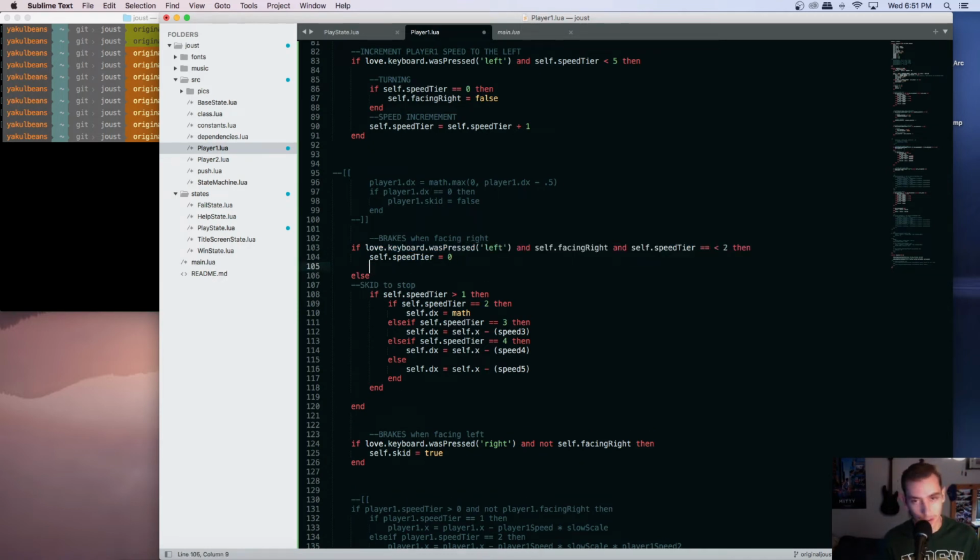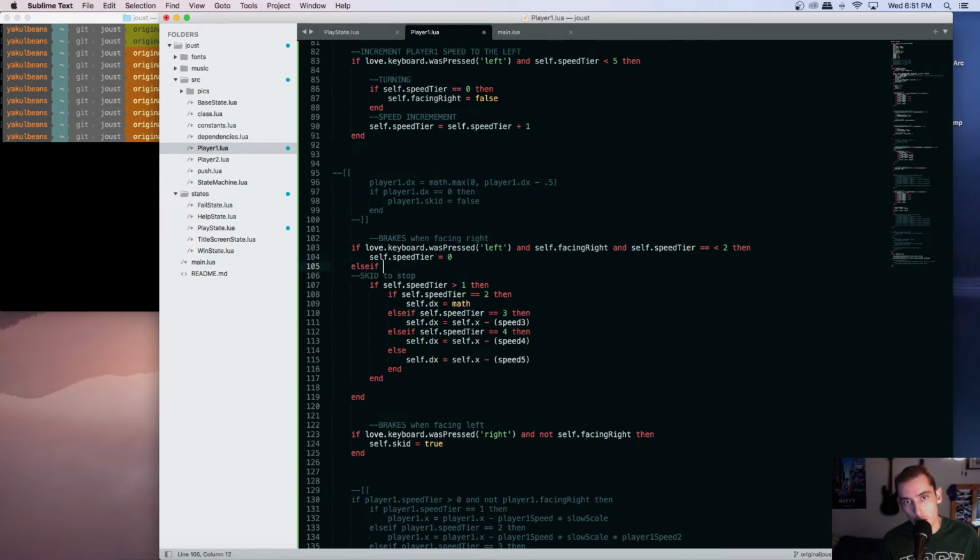I'm going to say else if left is pressed and it was facing right. And oh, here, yeah, this is wrong. Smaller than 2. And then we want to say greater than or equal to 2, because speed 0, 1, 0, no. Just greater than 1, I guess. Then we need to skid to stop.